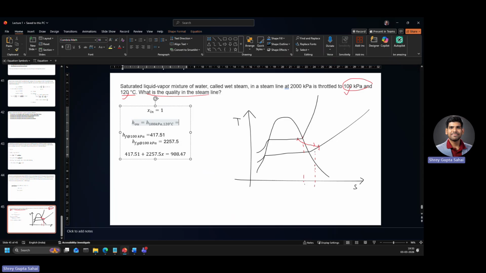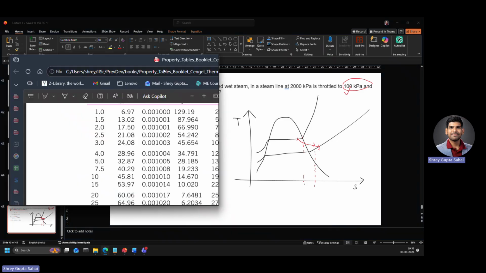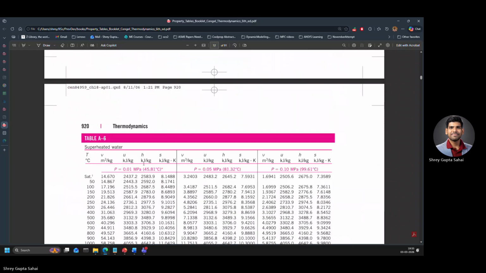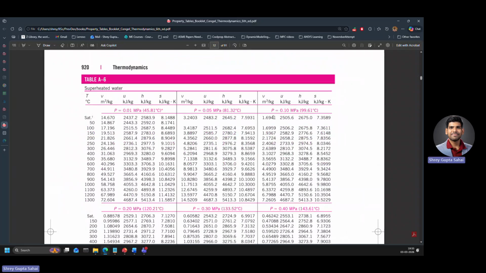First, let's see what that is. So we go into the superheated regime, 0.1 megapascals, and you go to 120. So you calculate this. What is our H at the outlet?